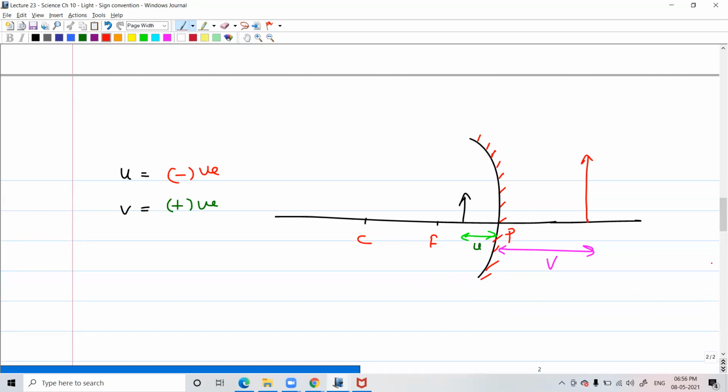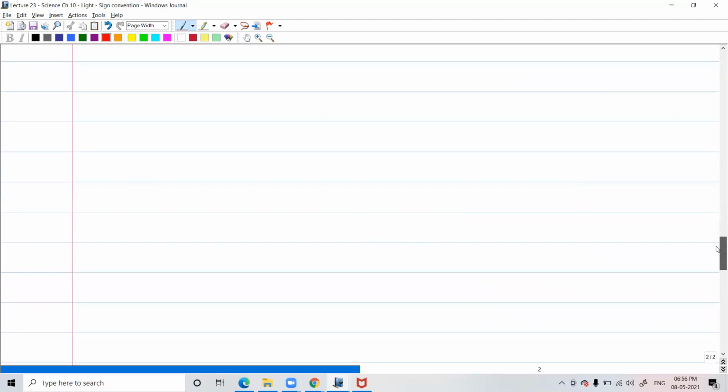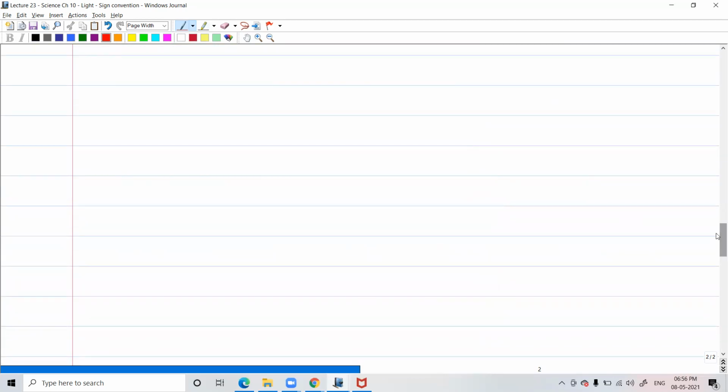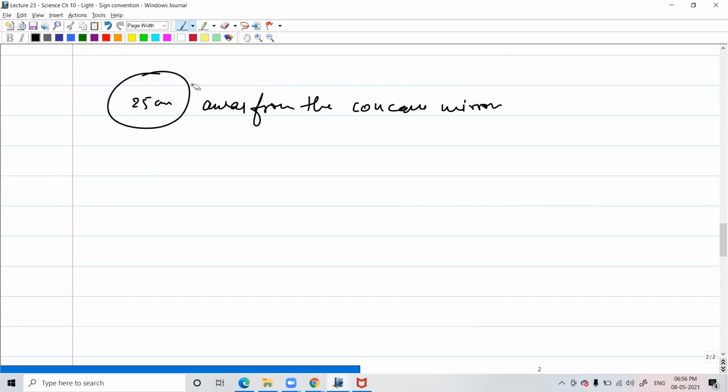For example, if somebody tells you that an object is kept 25 centimeters away from the concave mirror, they will only tell you 25.